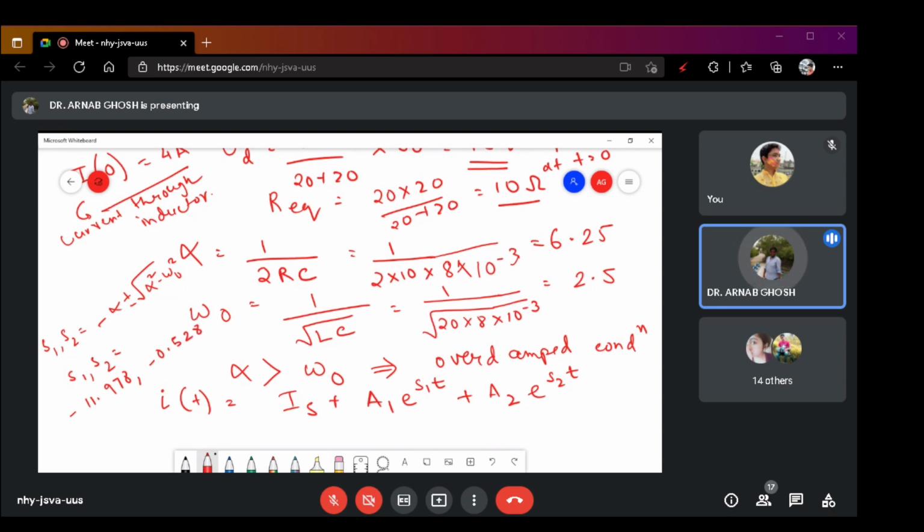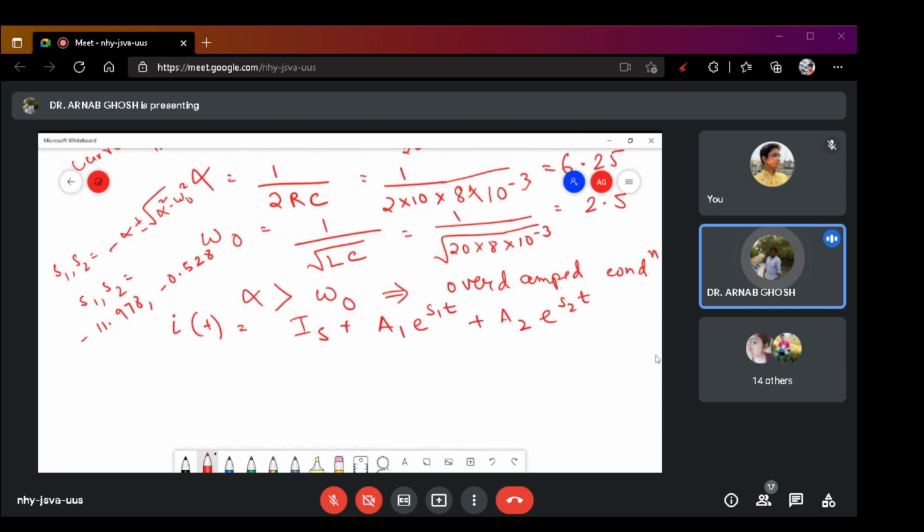So next, what we have to do? We have to find out I0 and di0 by dt. So what was di0 by dt? Initially you have already seen V was given as L di0 by dt.